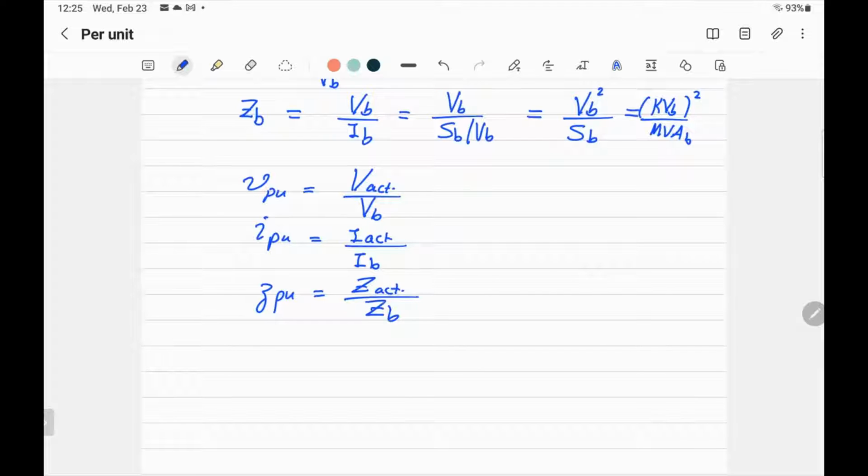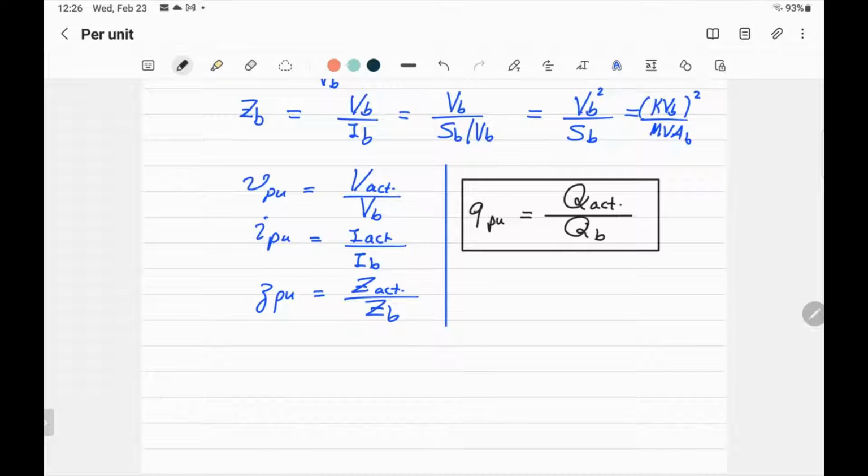So in general, if you want to find any quantity in per unit, you just divide the actual value by the base value. So we'll just say the general rule: the quantity per unit will be equal to the actual quantity divided by the base value in general.